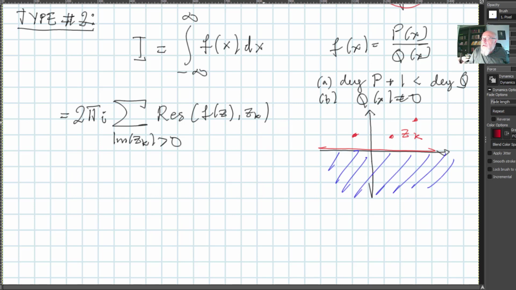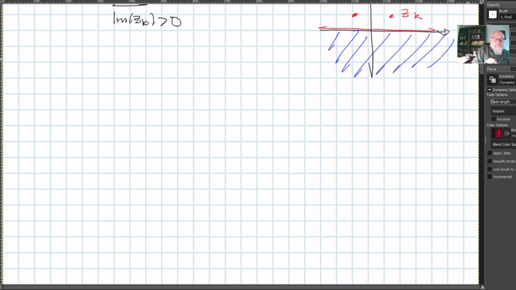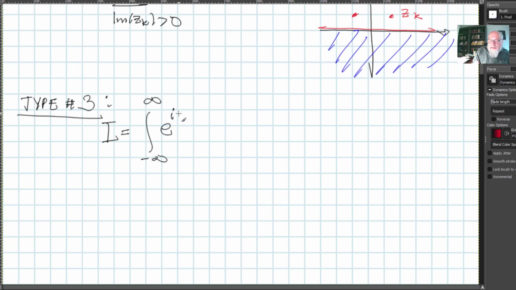We discussed it last time, and we also consider this type number 3. Namely, we are looking for the integral from minus infinity to infinity, this is my I again, of e to the power i a x times f of x dx.